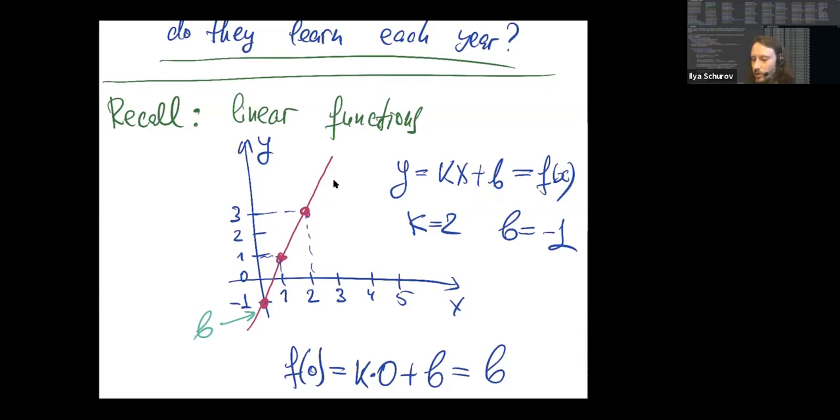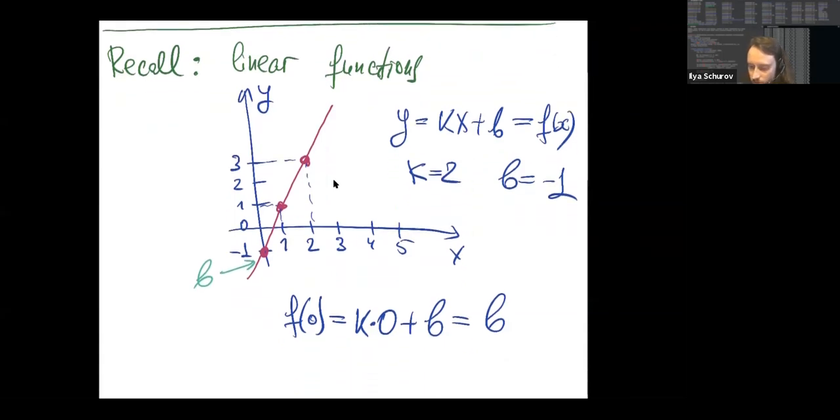But actually, we are not so interested in this free term, but we are mostly interested in this k. Because what does k show? It shows the following thing. If I increase, so let me put some point, for example, this point.